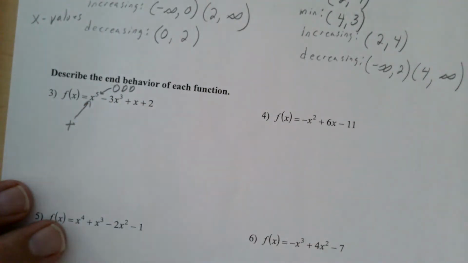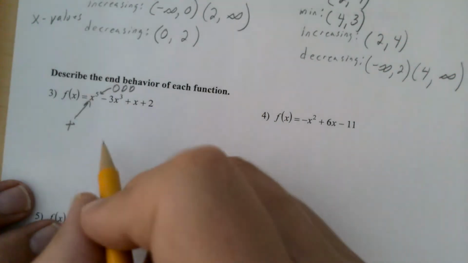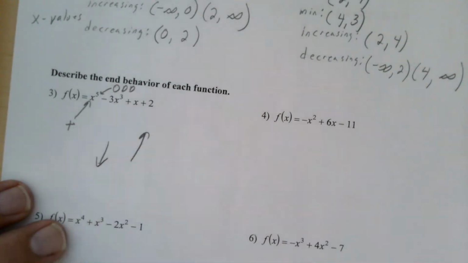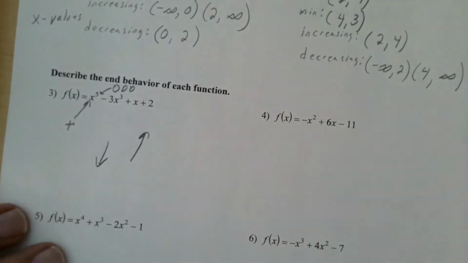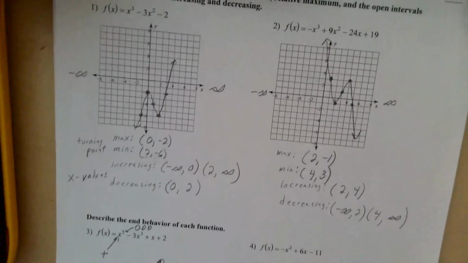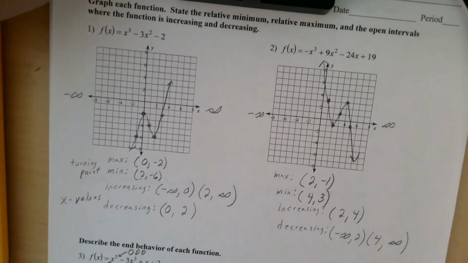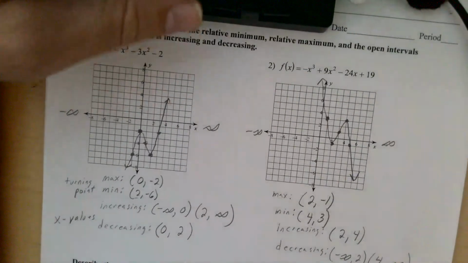Okay, I don't care what that number is. It could be a 20 for all I care. All I care is it's positive and an odd degree. So that is down and up. Okay, just like our first problem that we did. That number 1 had an odd exponent and a positive leading coefficient.